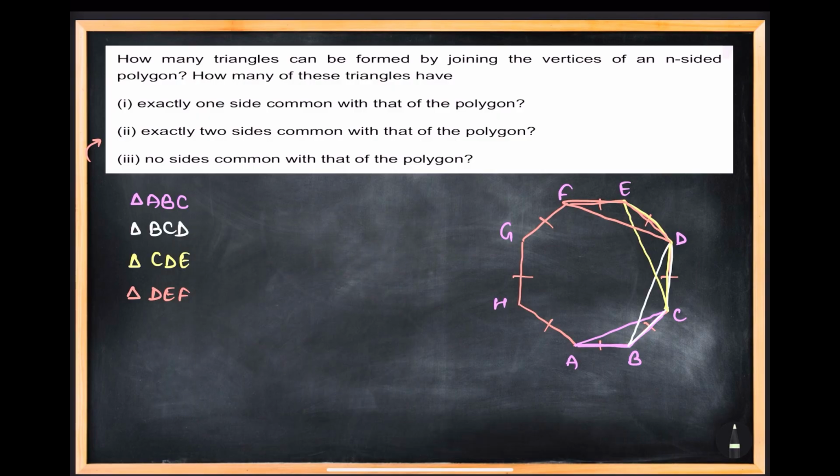Now I give priority to E: E, F, G, triangle EFG.